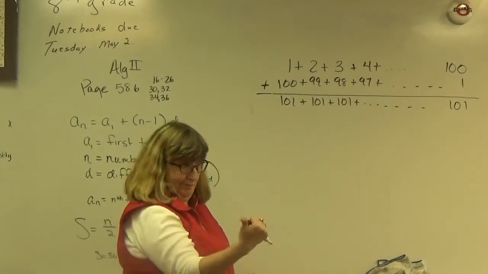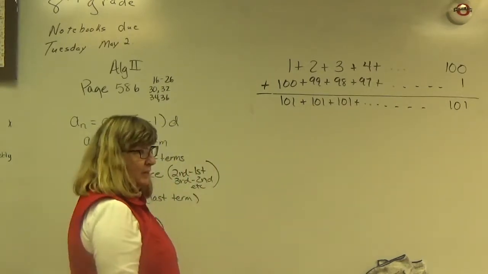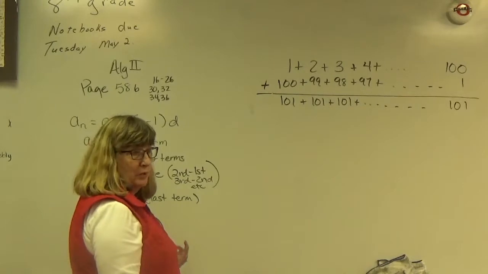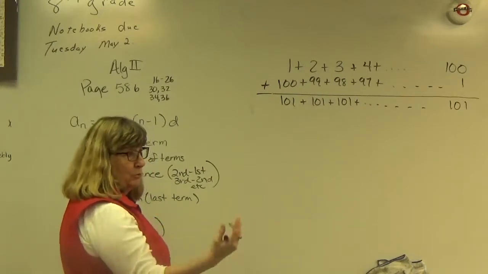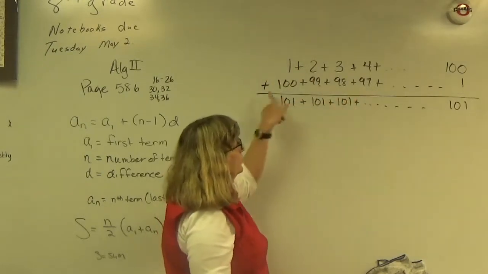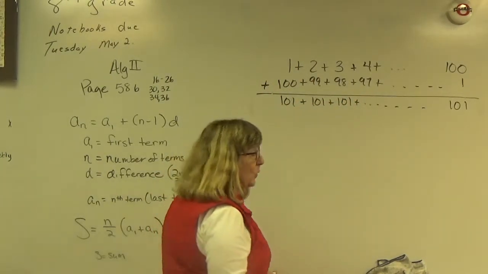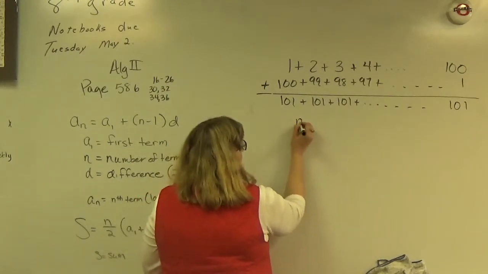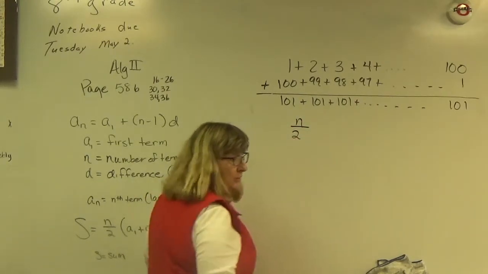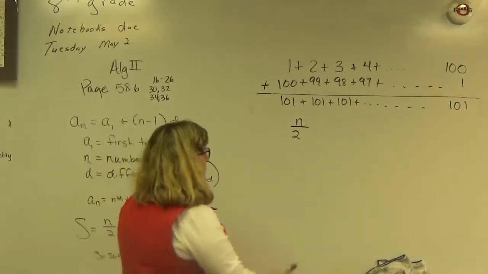As an older adult, he could easily have taken the credit for the formula, but he helped write the formula in a form that could be usable for you guys later. If you saw, we added the numbers from 1 to 100 twice, when we only had to actually do it once. That's why he took the number of terms divided by 2, which is where that 50 came from.